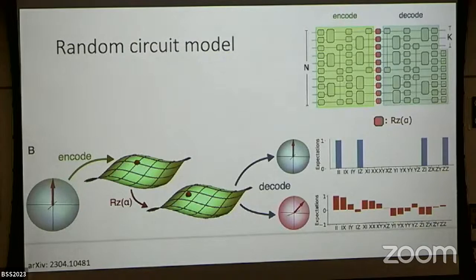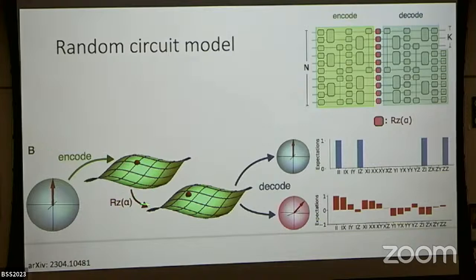Okay, so now back to our model. We have our n qubits, we encode, maybe we add some magic, and we decode, and then we want to measure the magic in the logical state at the end of this process, conditioned on the syndrome outcome. A picture of this: we start in all zeros, and then we encode into a stabilizer state, which we can think of as being on this grid of stabilizer states.